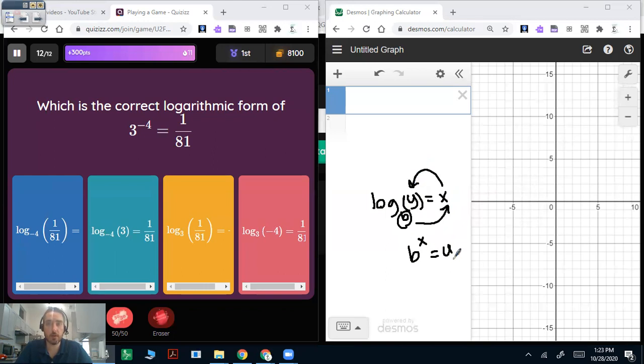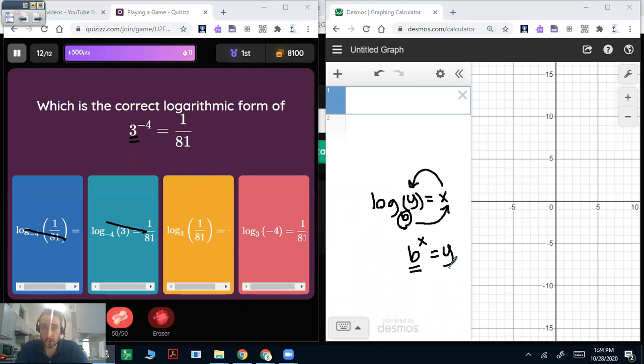So let's work the other way. Your base of your exponent should be the base of your log. So that 3 should be down there. Let's cross these out. The number or value or variable in the log is what the exponential equation equals.